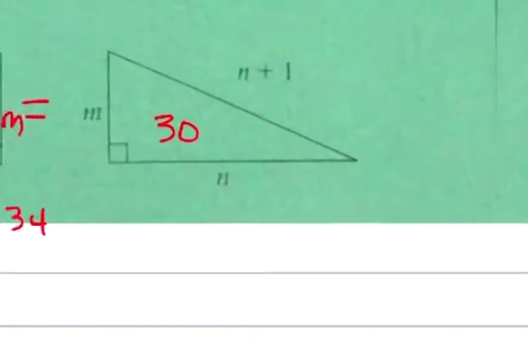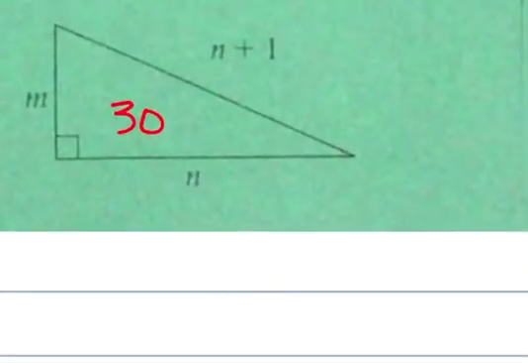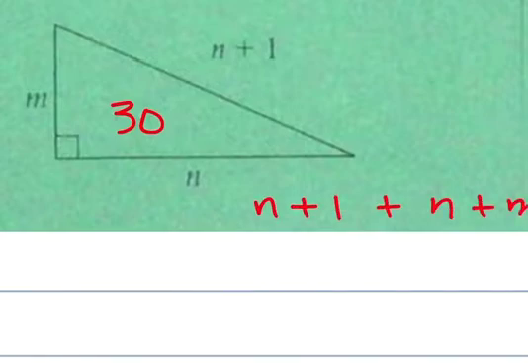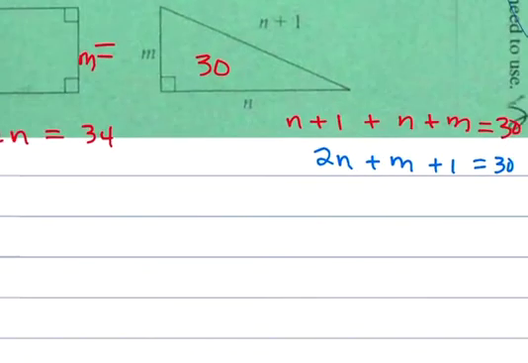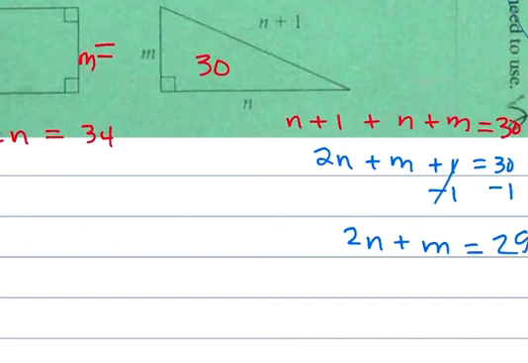And for this one, you have n plus 1 plus n plus m equals 30. So really you get 2n plus m plus 1 equals 30. I would minus 1, 2n plus m equals 29.